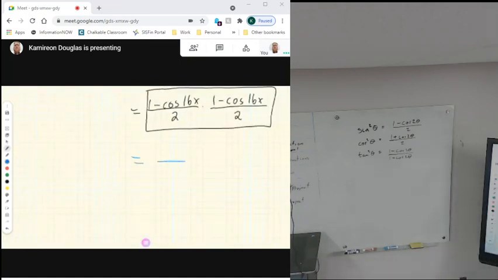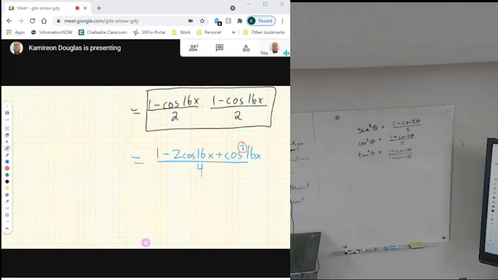So the top, when I FOIL it, becomes 1 minus 2 cosine of 16x plus cosine squared of 16x all over 4. If you FOIL the top and multiply the bottom, you get this function, which I notice has a square in it now, which is unfortunate. Because the problem specifically says no power is bigger than 1.